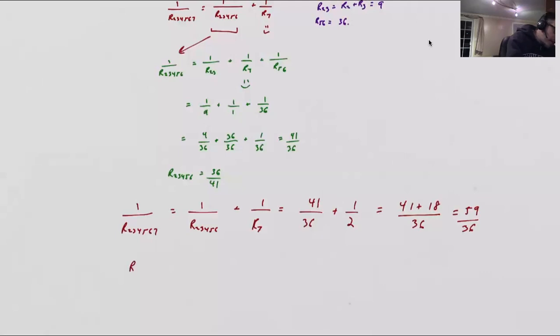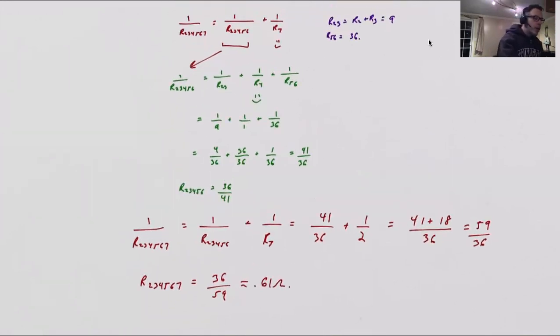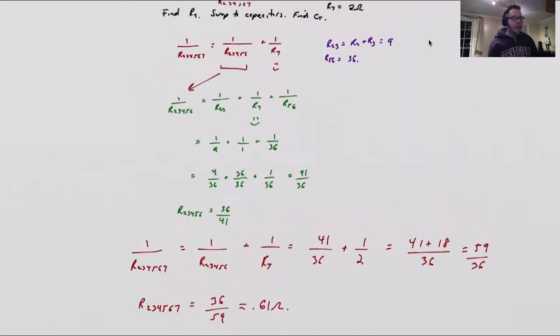So again, we then need to take the inverse. R2,3,4,5,6,7 is then 36 over 59. And while we're at it, why not get a decimal from this, because we are now completely done with all of our parallel combinations. That gives me about a 0.61 ohm resistor.